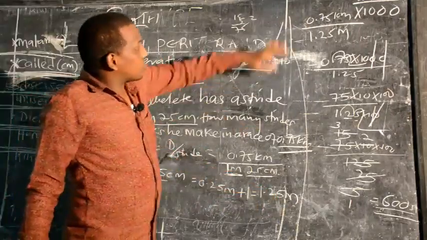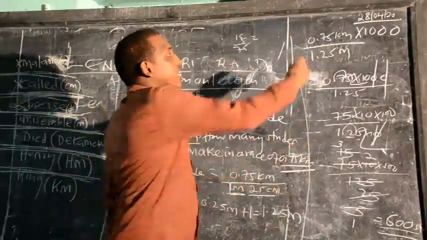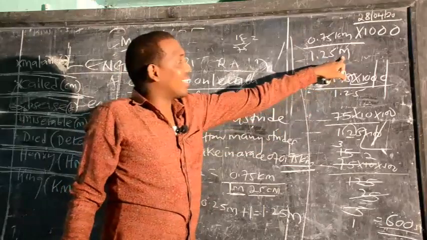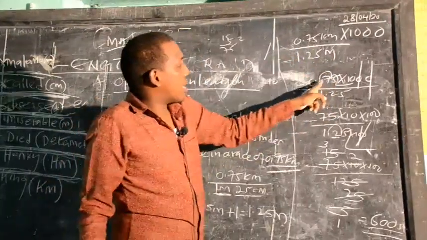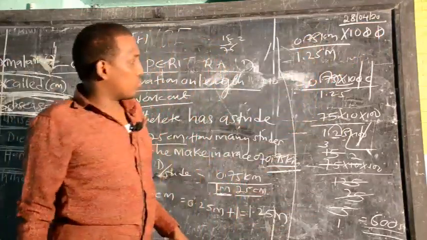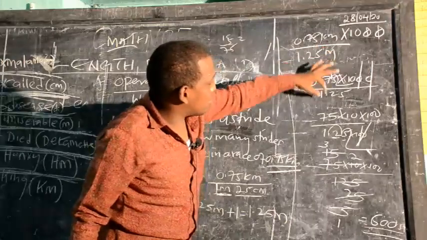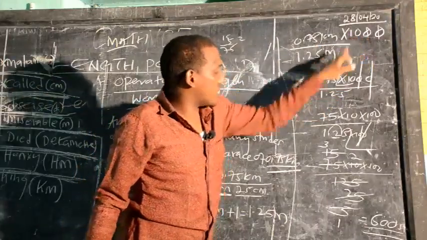So we divide now. 0.75 kilometer over 1.25 meters. We change the kilometer to meter, so times 1,000. The 2 zeros will move the decimals out. So what you remain with is 75 times 10. 10 is from where? We multiplied 1,000, 10 remained.